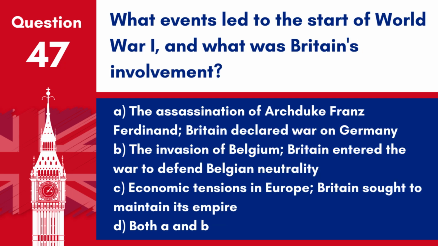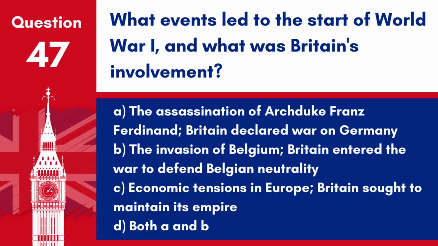Question 47. What events led to the start of World War I, and what was Britain's involvement? A. The assassination of Archduke Franz Ferdinand. Britain declared war on Germany. B. The invasion of Belgium. Britain entered the war to defend Belgian neutrality. C. Economic tensions in Europe.